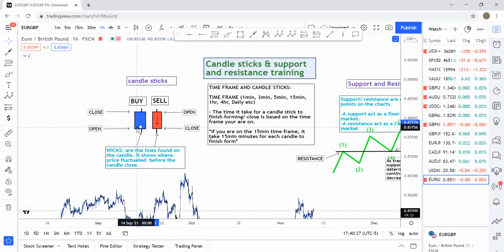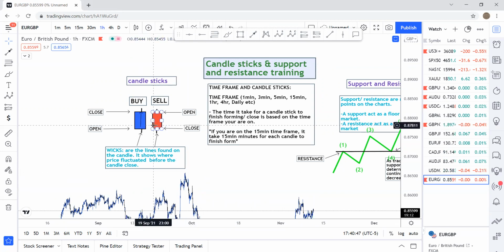It's basically saying that when price opened here at the body, price came down here, and then as time went by, price started pushing back up, and it went all the way up here. But then it pushed back down a little bit, and it closed at that point right there.